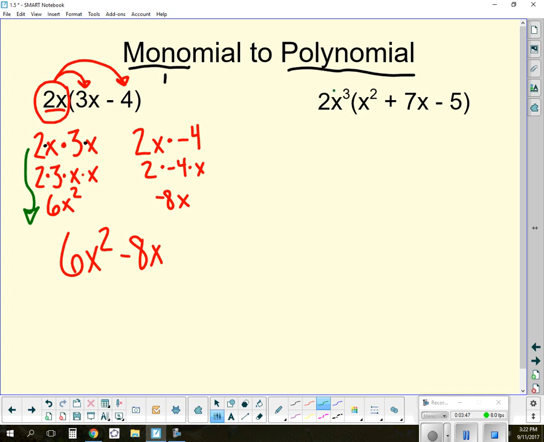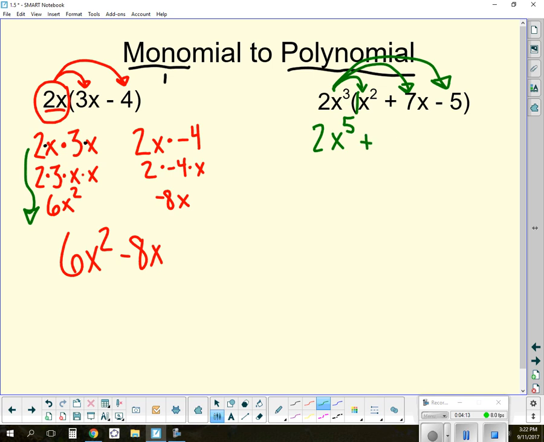Second problem, you have this monomial, 2x to the third, multiplied by a trinomial. There are 3 things you need to distribute that to. 2x to the third times x squared. Well, 2 times that invisible 1 is just 2. And for your exponents, when you multiply the x's, you add the exponents, so that would be a 5.